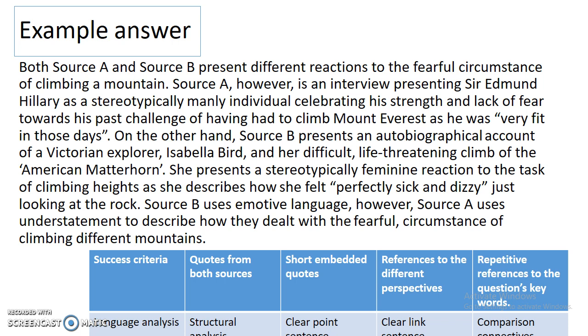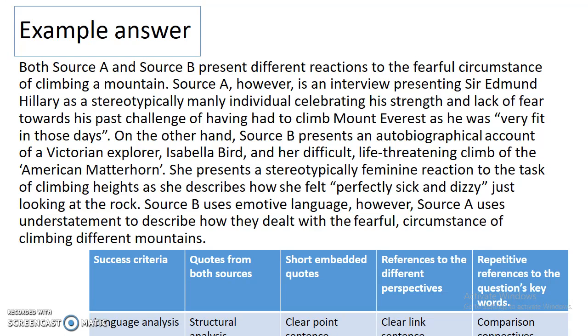Source A, however, is an interview. Remember, ask yourself, what type of text am I reading for source A? What type of text am I reading for source B? And how does that impact the message to the reader in relation to the essay question? So if we have an interview, interviews are normally used to celebrate an individual, to praise an individual, where an individual is really proving themselves to the audience or to the interviewee.